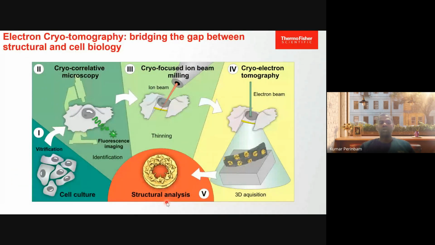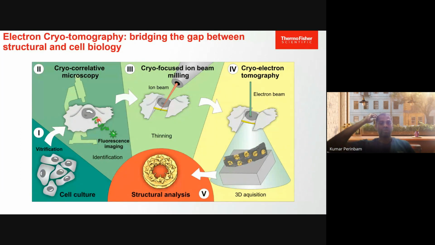And when you want to go to the tissue samples, all you have to do is freeze the sample, and say you want to focus on specific regions. Let's say you have a brain tissue where you want to study a signaling pathway.